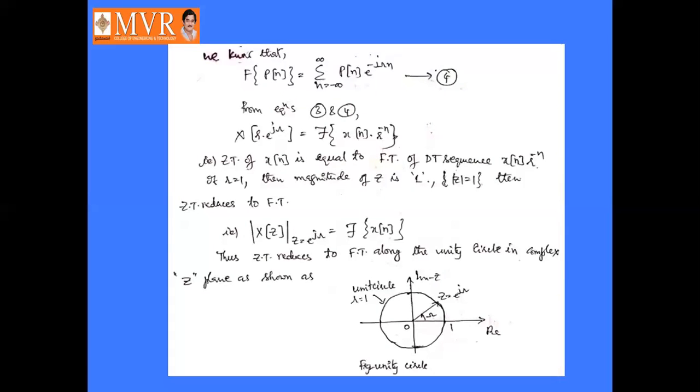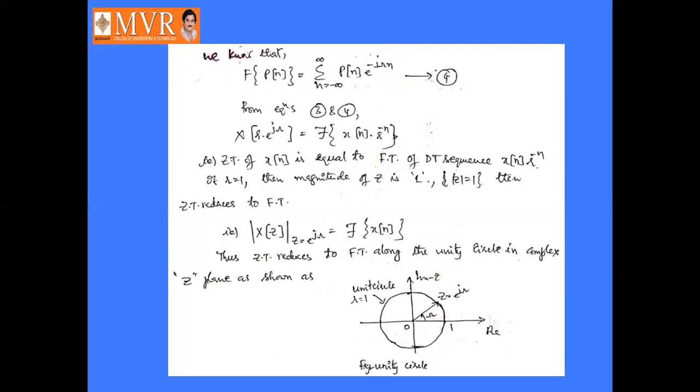Okay, the magnitude of z is 1. So mod z equal to 1, then the Z transform reduces to the Fourier transform. So the Z transform at z equal to e power j omega means that the r value becomes 1. If r is 1, then r into e power j omega becomes e power j omega, right?